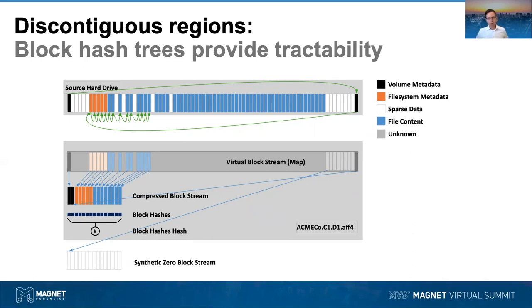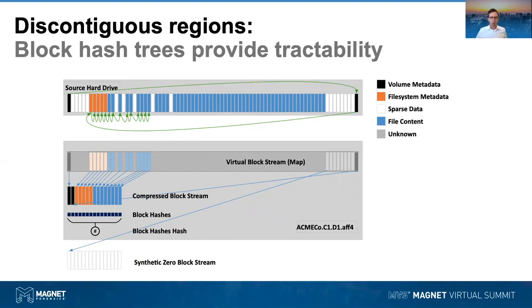So what we've done in the AFF4 standard is to dust off an old hashing scheme, which is used in some of the old DD tools. So rather than trying to generate a linear hash, which we can't do if we're reading the drive in a non-linear fashion, what we do is we use block hashing.